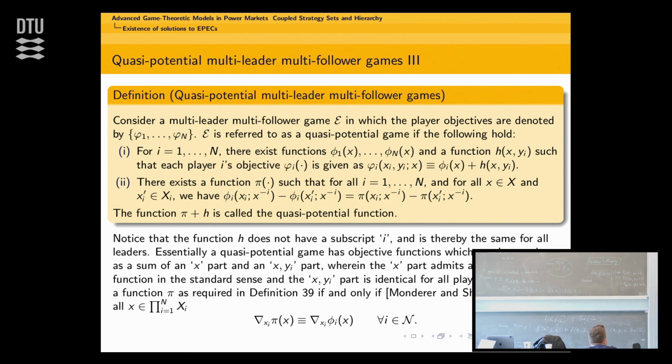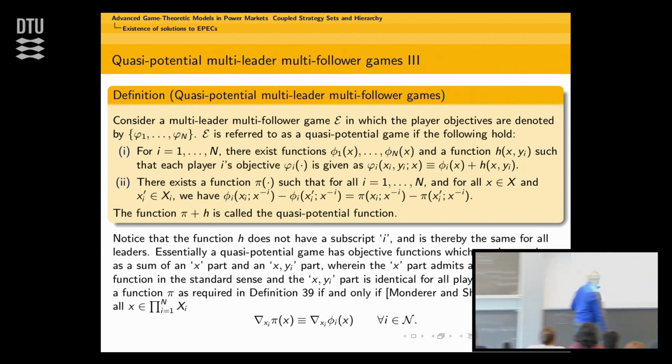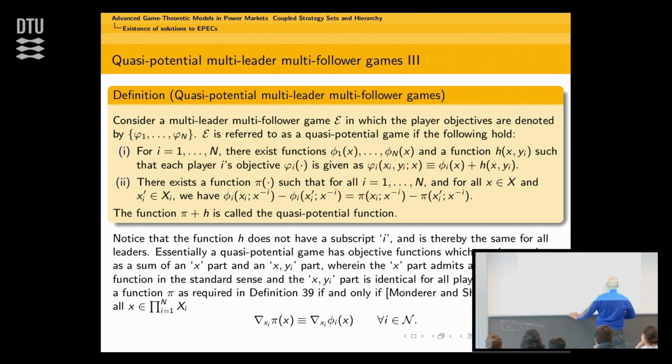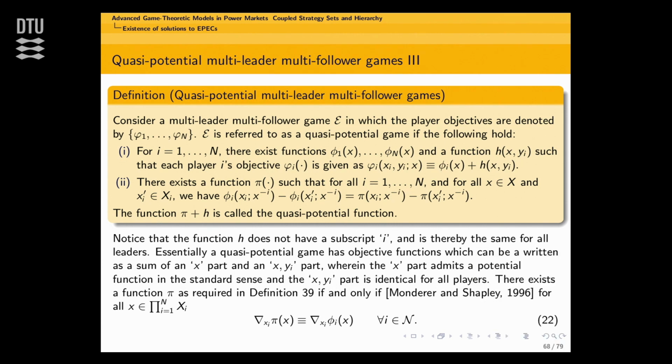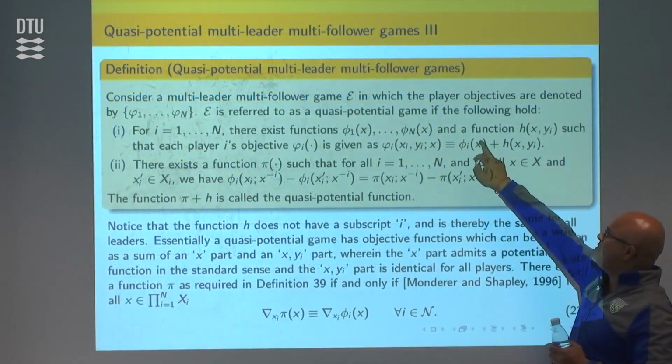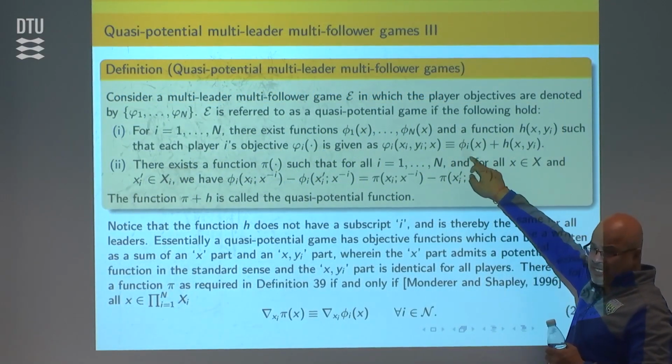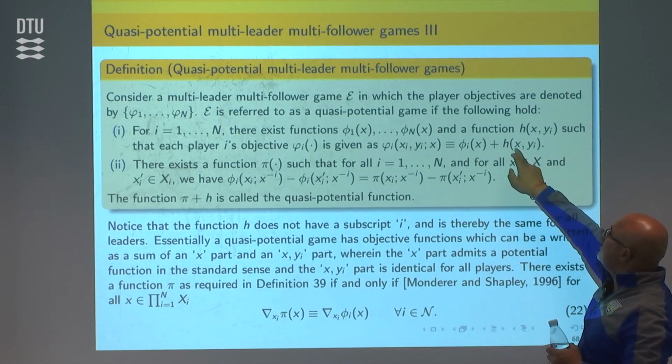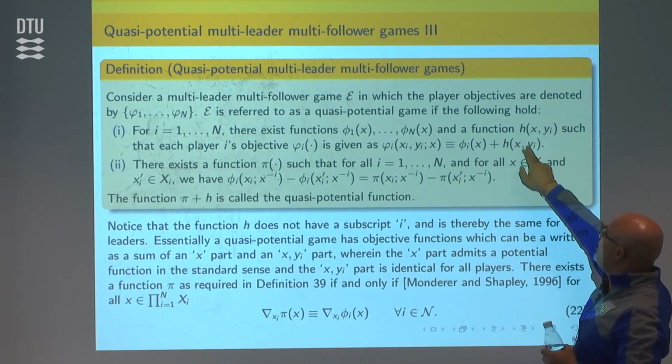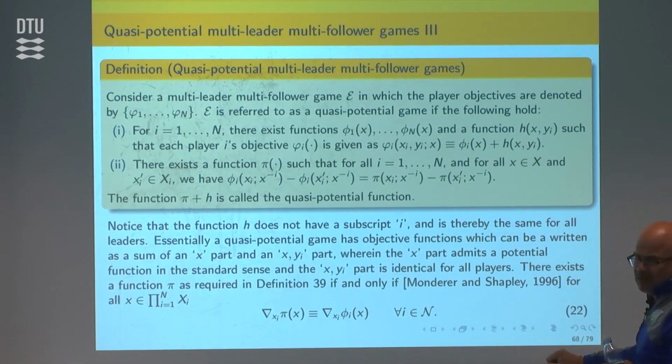In this case, there exist functions phi_1(x) to phi_n(x) and a function h(x, y_i), such that each player's objective is given by phi_i(x) plus h. So the player's objective is entirely in terms of leader level decisions plus the interaction with only its own follower level decision.